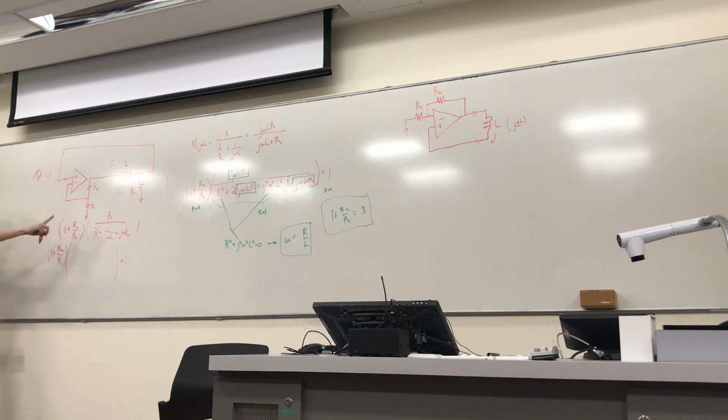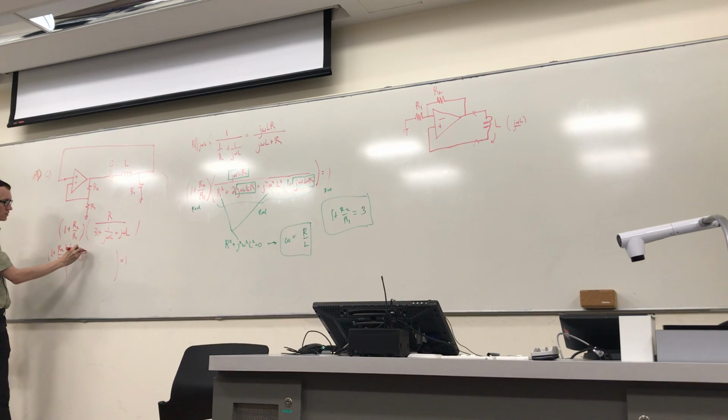I'll multiply everything times j omega C to kind of clean up the fraction. So we got j omega RC plus 1, okay, now we got minus from the j squared, so omega squared LC.